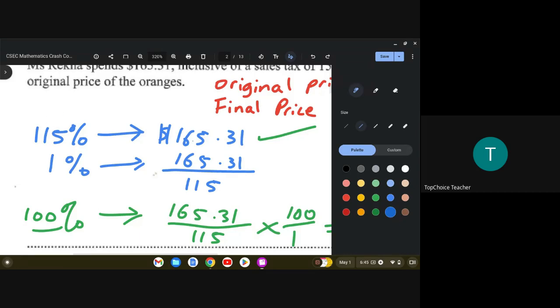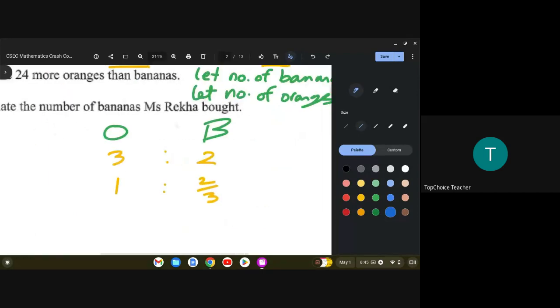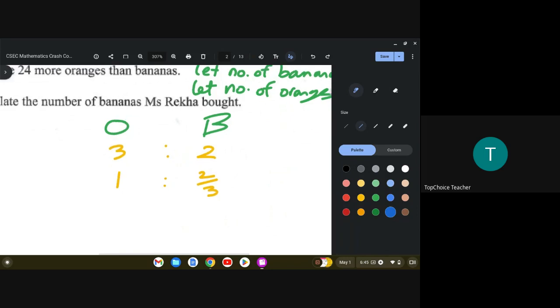So notice the 165 becomes the numerator, the 115 the denominator. Right over left. That's the same thing that I basically did here. This is the number on the right, this is the number on the left. So I divide the number on the right by the number on the left. That's how we basically go about doing a ratio.